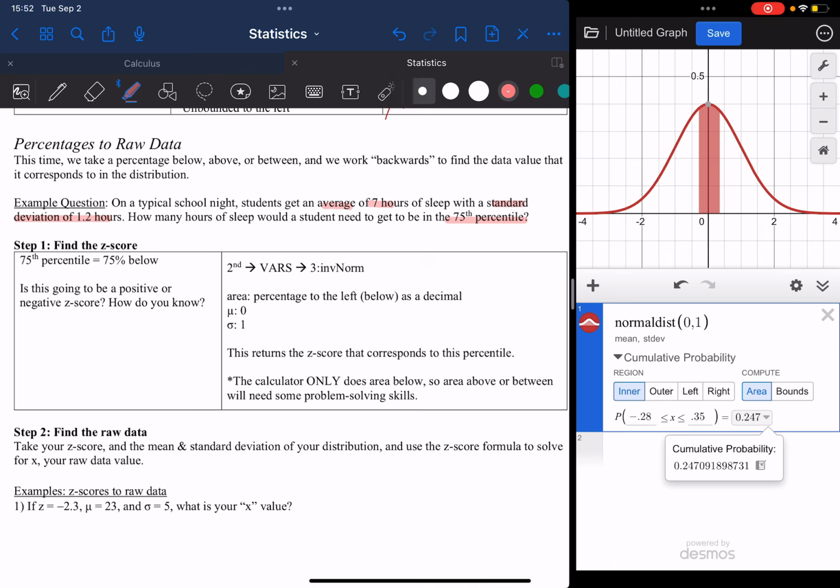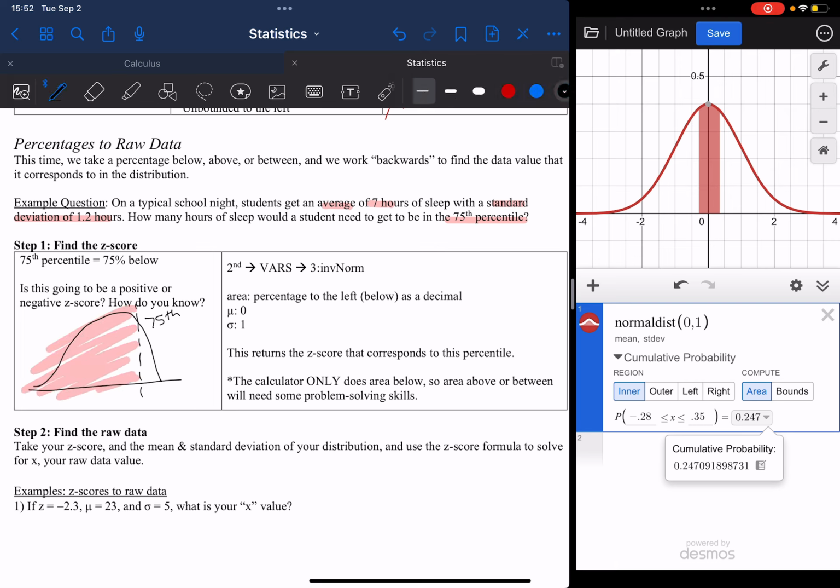So in this case, it says, is this going to be a positive or a negative z-score? If we look at the 75th percentile, we know that that is going to be somewhere over here. Anything below that would be going to the left, right?